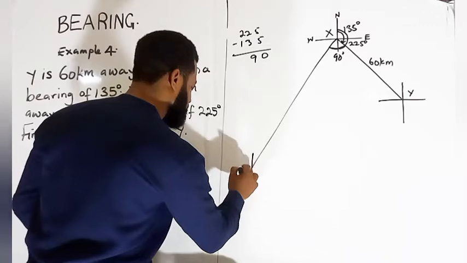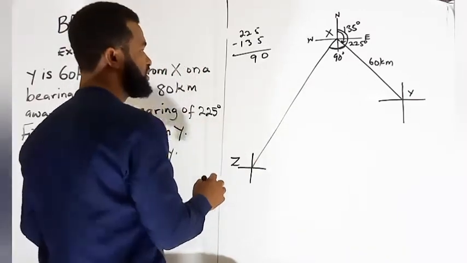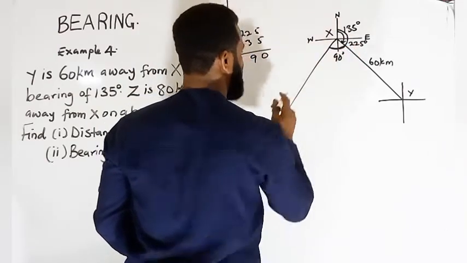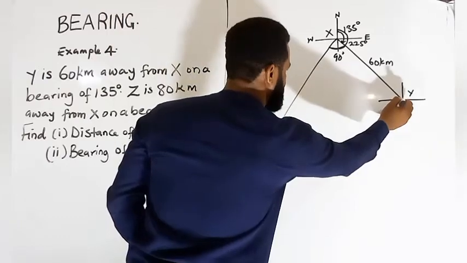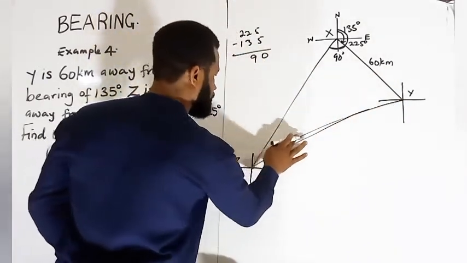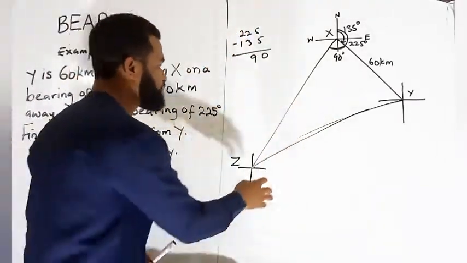And this is the point called point Z. That simply means that this place is 45 and this is 45. So I'm going to join this point. So I have joined this point.